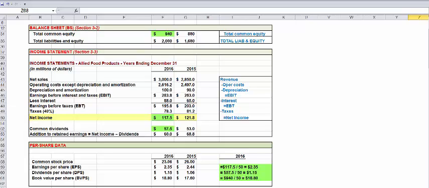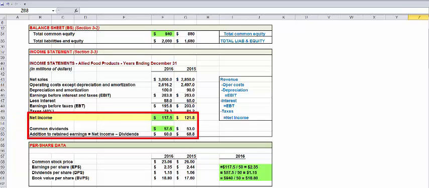Interest is typically paid on long-term debt. So if a firm has $10,000 of bonds with a 5% coupon, then interest is 5% of $10,000. From EBT, subtract taxes to yield net income. Recall that net income can only go two places: be paid out as dividends or be added to retained earnings.